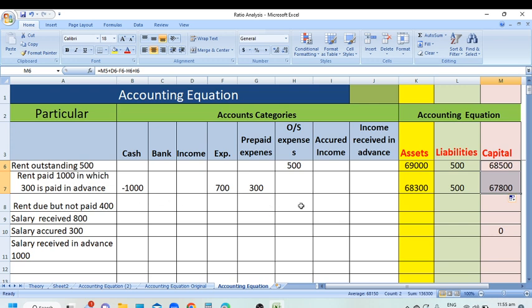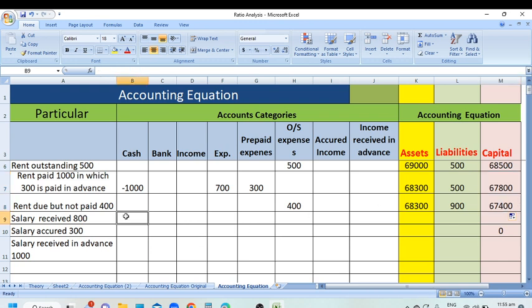So that means rent due means it's outstanding, another way to say outstanding things. 400 here, definitely it will not affect on here, but it will add to liability because it is outstanding. So we need to make the formula here, plus outstanding and plus income in advance, right? Okay, 900, and definitely it will be deducted from capital too.